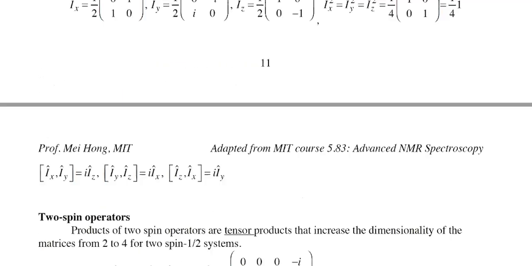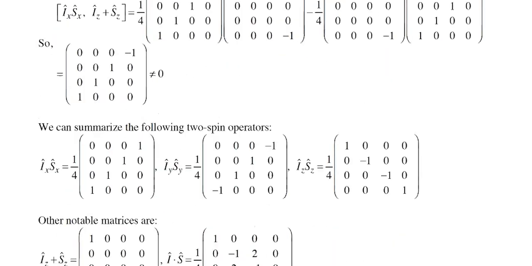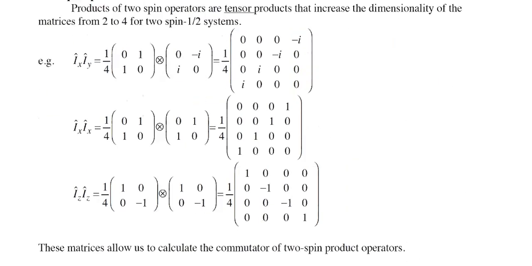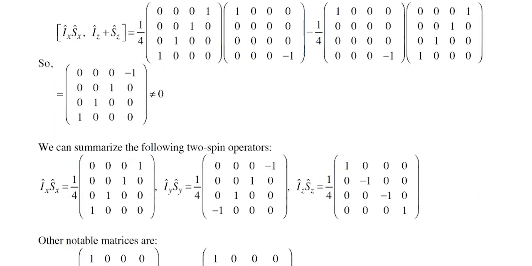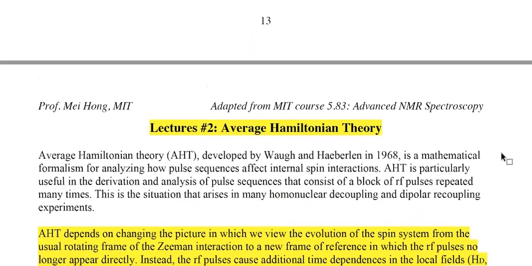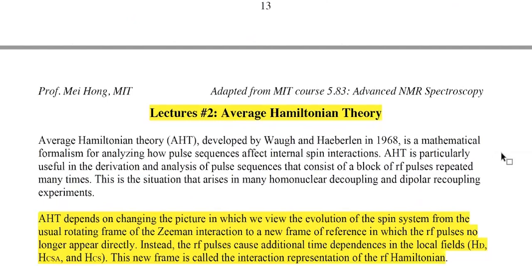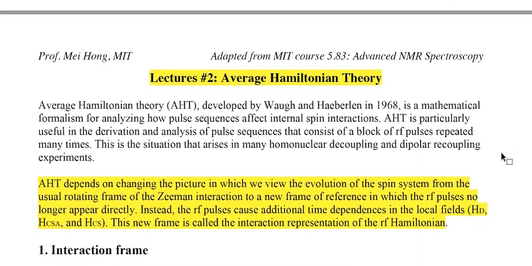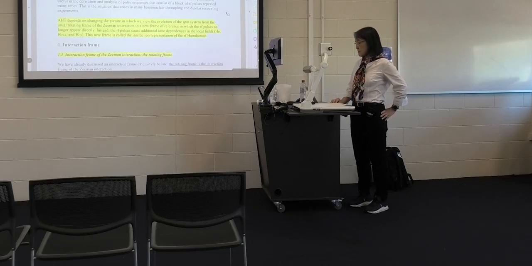Skip this. And here is some matrix algebra background. We want to have expressions of two spin product operators expressed in terms of 4x4 matrices. I have that spelled out. Okay, so this is where I would like to start.